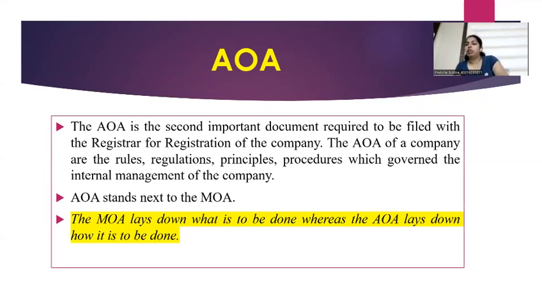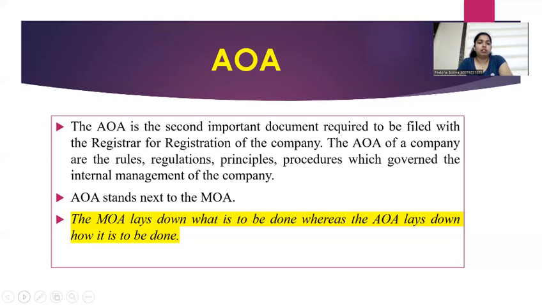MOA is the crux, the main document, the first document that you need to be registering with the registrar of companies, whereas the AOA comes just below it in importance order or in the necessary order. So MOA lays down what is to be done, and the AOA lays down how a particular thing is to be done. So MOA and AOA go hand in hand.